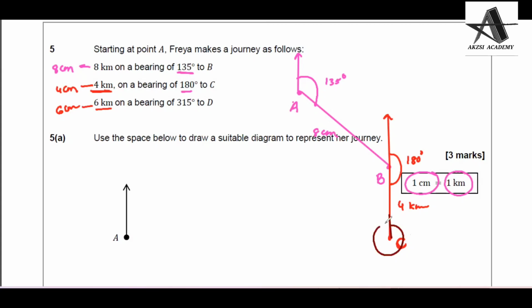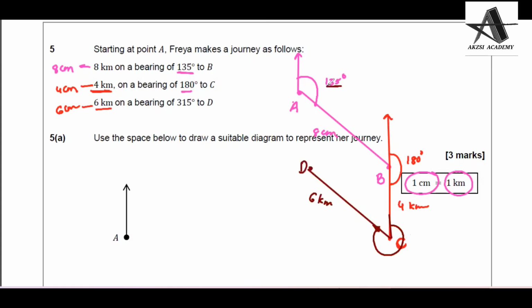After 180, you can complete the angle. Suppose till here it's 315 degrees. And this length should be 6 centimeters, which will be somewhere here, and then name it D.